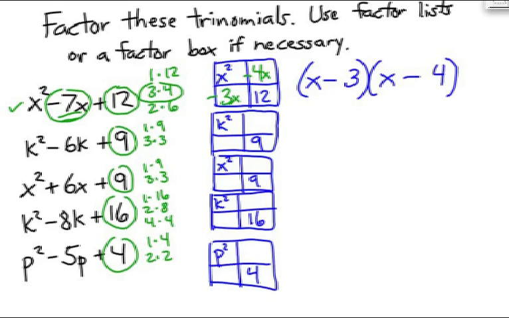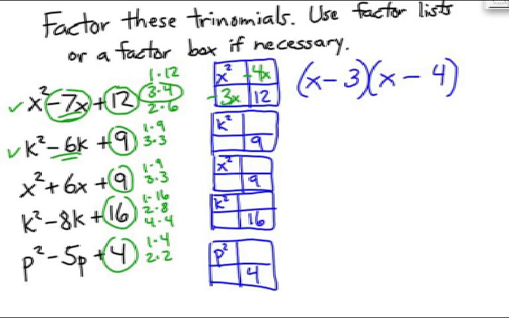Alright, in the second problem, k squared minus 6k plus 9. The third term is 9, and if I write the factor list here, it's 1 times 9 or 3 times 3. In my factor box, I need to figure out, in those diagonal boxes there, upper right, lower left, which factors work. Now I notice that I need a negative 6k as a middle term.